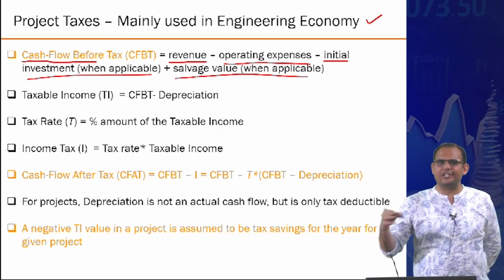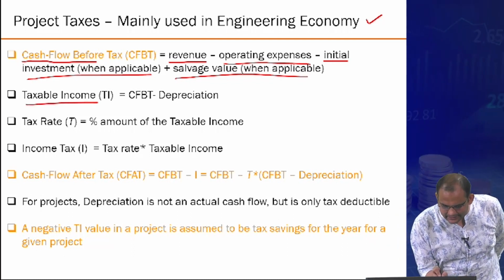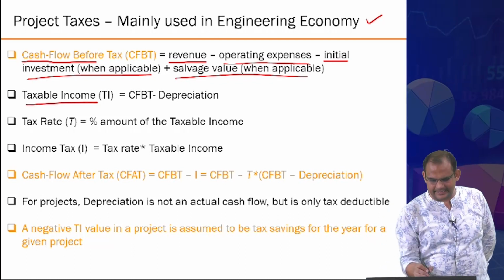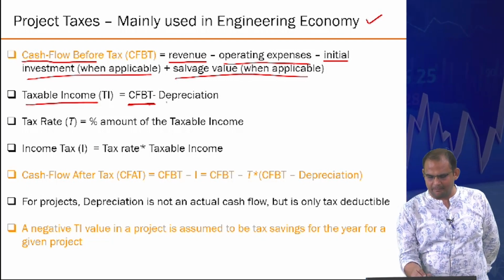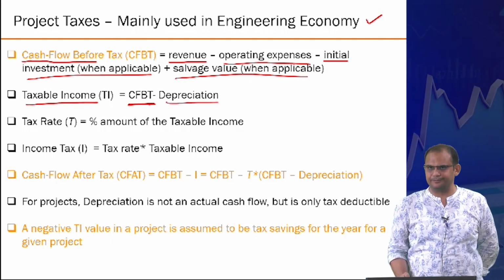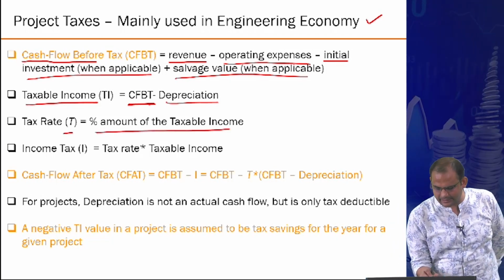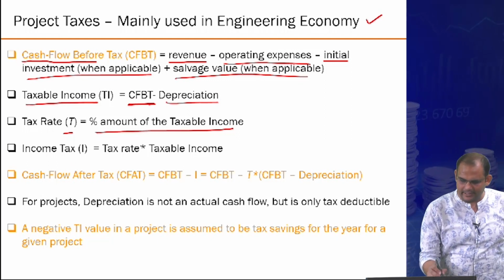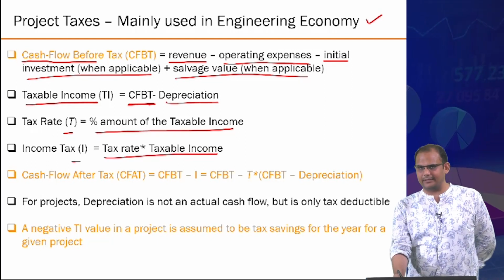For each year you can estimate that. Now your taxable income is still CFBT, the cash flow before tax, minus the depreciation amount. Make sense? Your tax rate, assume a same uniform income tax rate, into taxable income.